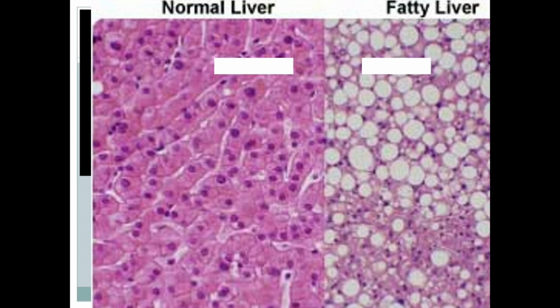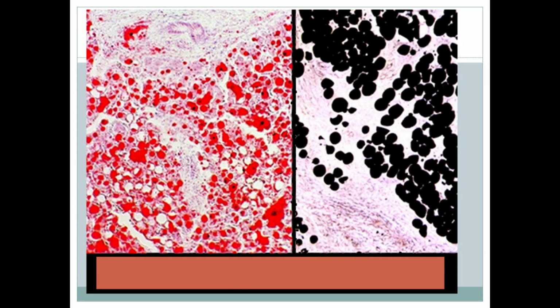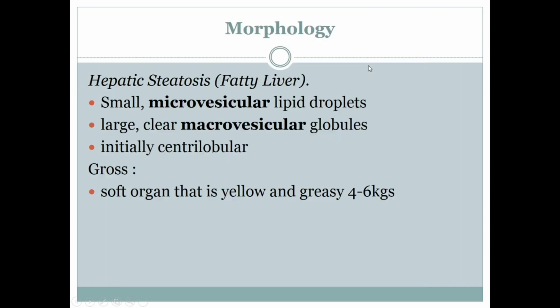So H and E cannot stain the fat, so it remains colorless, because the fat has all been taken up by the processing of the tissue. That's why to stain for fat, you need a frozen section. Frozen section is basically that you do not process the tissue normally, you just freeze the tissue, make it very hard, and then cut it, a live tissue cut in the frozen state, and then only can you stain for fat. So this is oil red O and this is Sudan black 4.